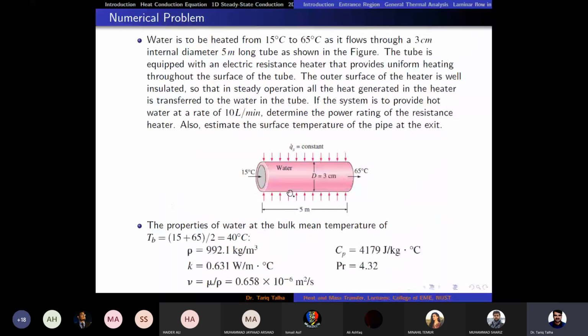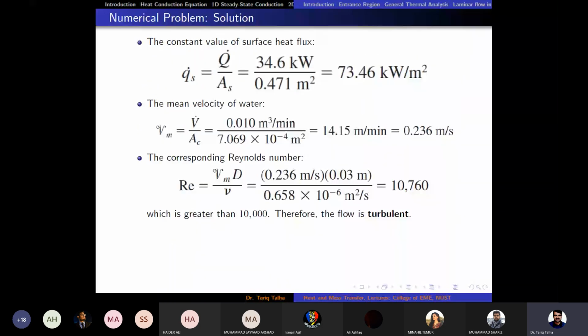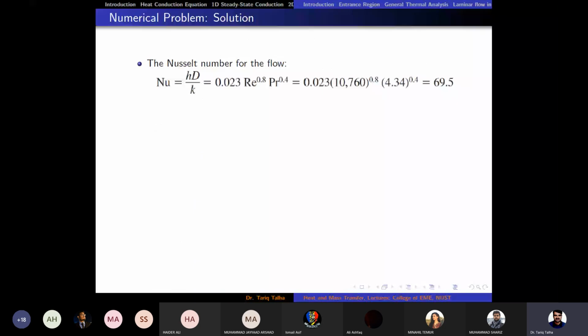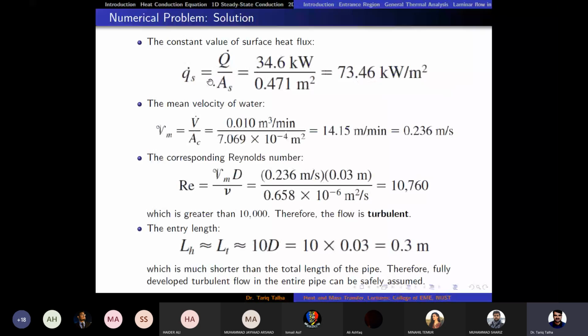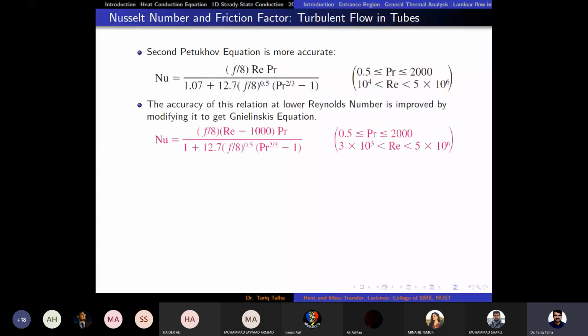So we can say it is fully developed turbulent flow, and we can use this formula. We are using it because in the solution in the book they have used this formula, but we can definitely use the second relation, which would give a result that matches the real value more closely.